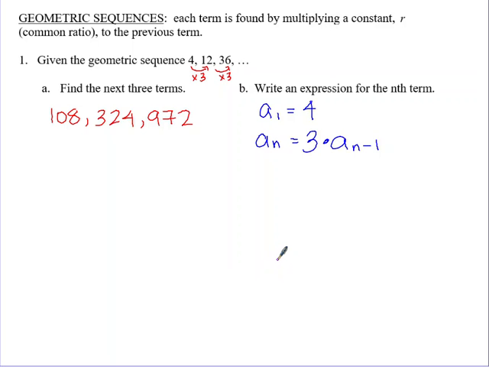If we want to write an explicit definition for this sequence, we know that we are multiplying by 3 each time. So geometric sequences are very similar to exponential functions. The number that you are multiplying by, or your common ratio, is going to be the base of the exponential.